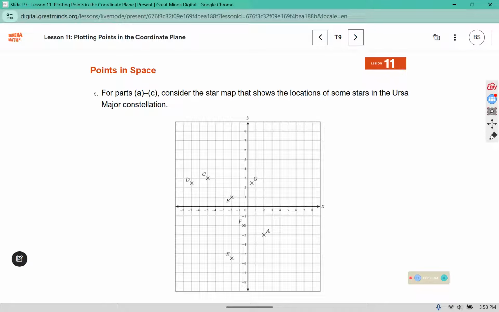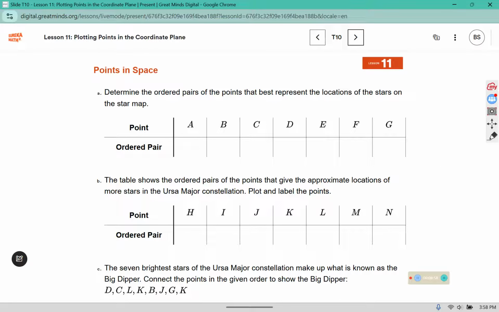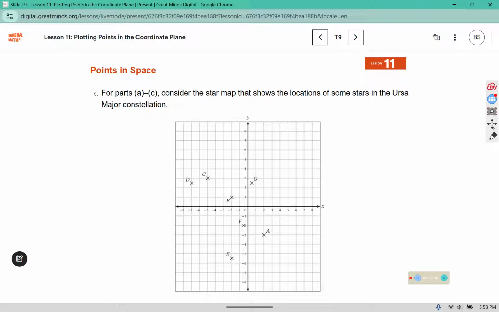For parts A through C, consider the star map that shows the location of some stars in the Ursa Major constellation. So we have little X's to indicate where those stars are. Determine the ordered pairs of the points that represent the location of the stars on the star map. So A, that is 2 right, 3 down.